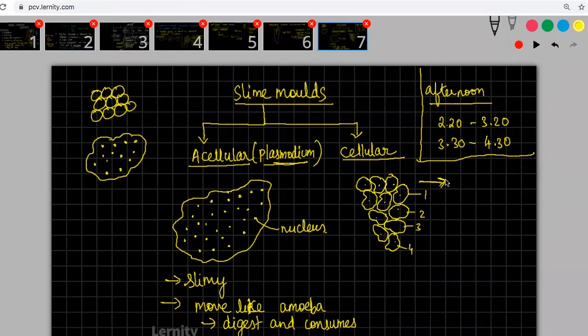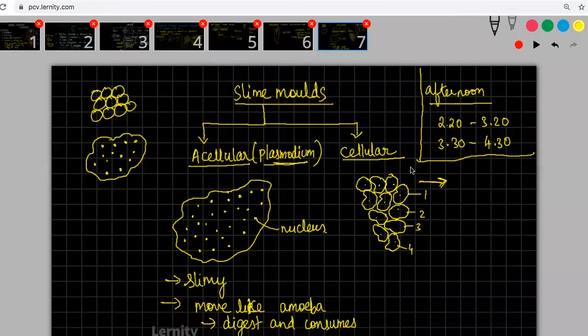Yes, exactly. Cellular slime molds will have distinct cell walls. So you are able to see a cell wall here and individual cells. Whereas in acellular, you are not able to see this kind of cell wall distinction.